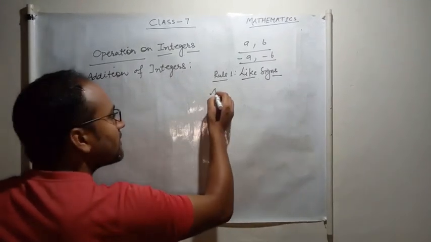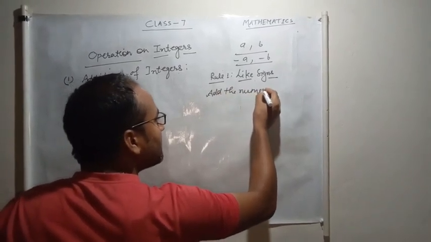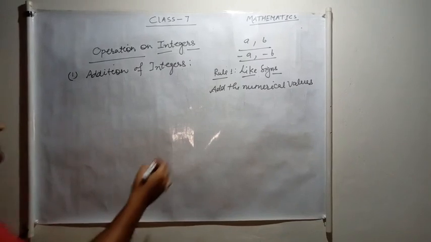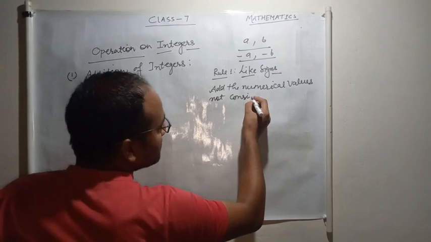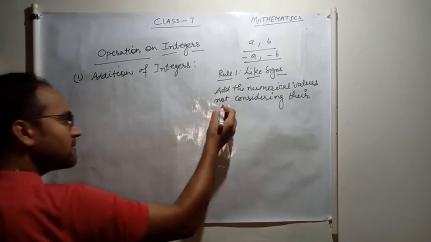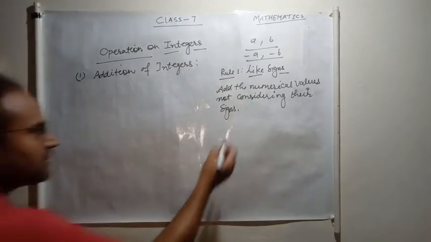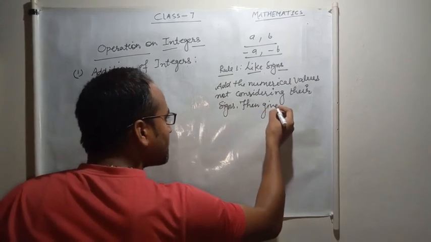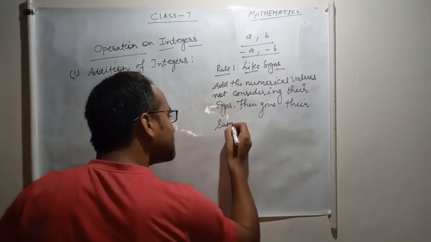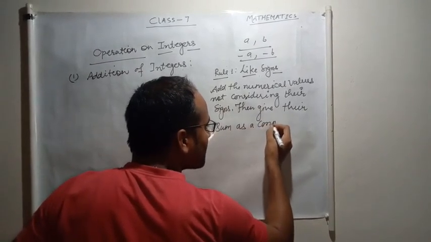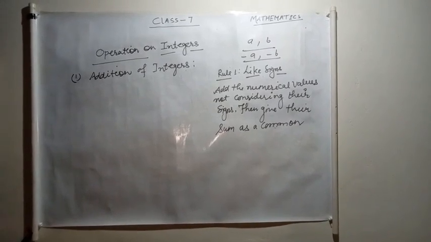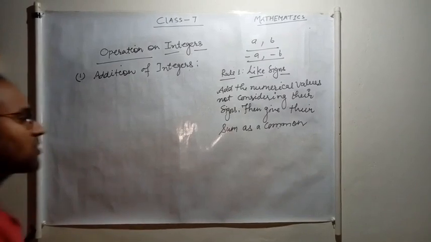In this rule, add the numerical values, not considering their signs, then give their sum the common like sign.